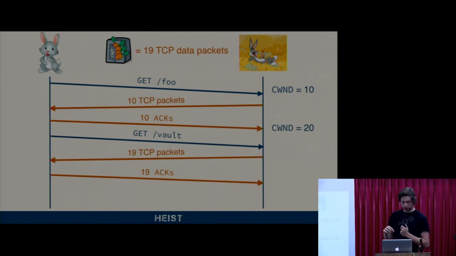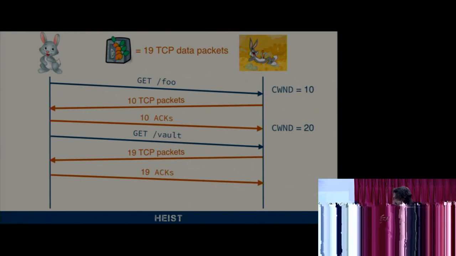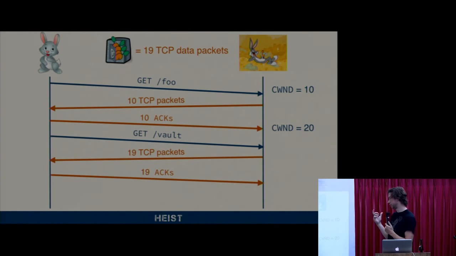In this case, the vault is 19 TCP packets large. First, the attacker sends a request to foo, which is a completely unrelated resource that happens to be 10 TCP packets large. The initial congestion window is 10, so the foo resource can be sent at once.